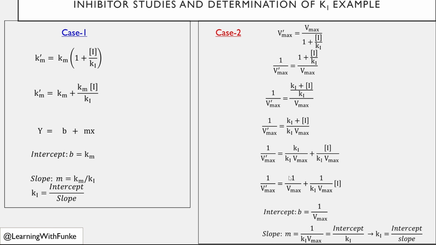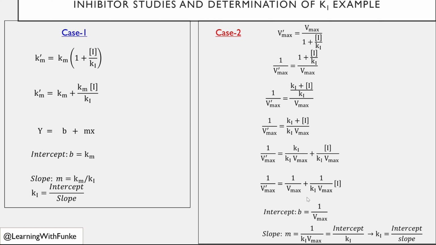And here we see that the intercept is 1 over Vmax, and the slope is 1 over Ki times Vmax. Your Y that you're plotting in this case is 1 over Vmax prime, right? So you are plotting the Vmaxes at the different inhibitor concentrations from your previous linearized plot, similar to how we did here, versus your inhibitor concentration.